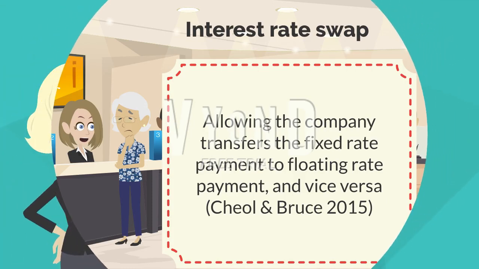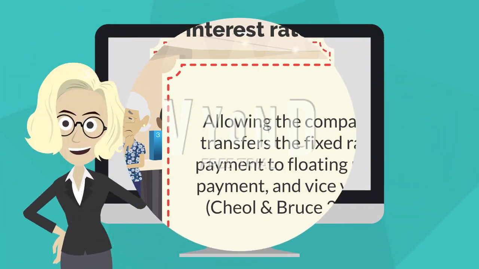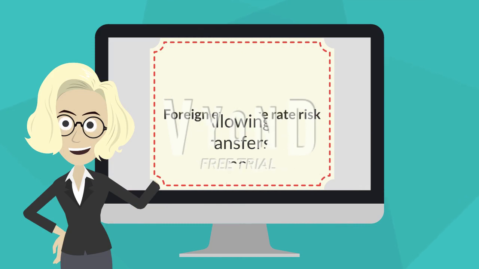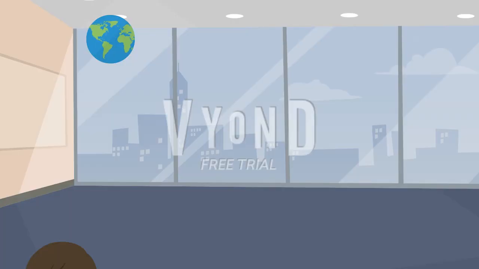Another risk that is faced in FDI is the foreign exchange rate risk. Because the revenue and costs generated in foreign countries are normally denominated in foreign currencies, and the value of foreign currencies in terms of USD always changes.